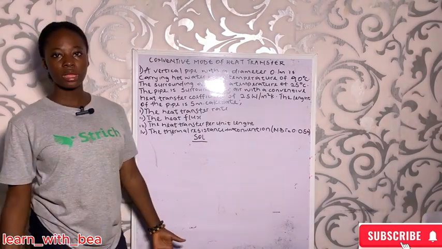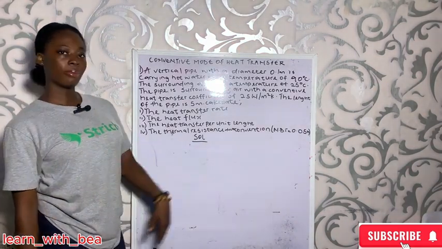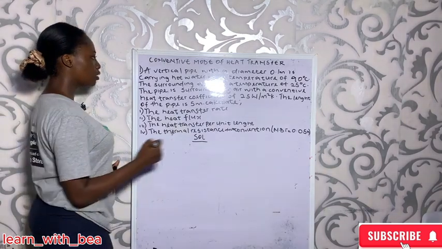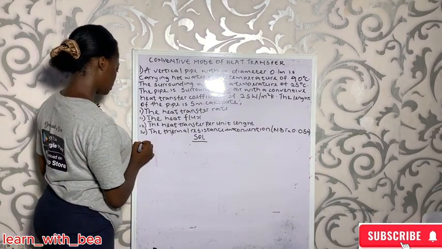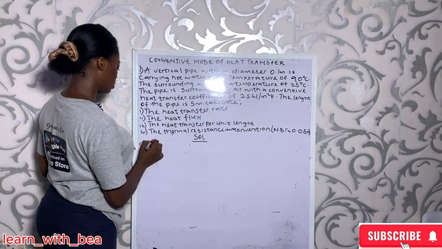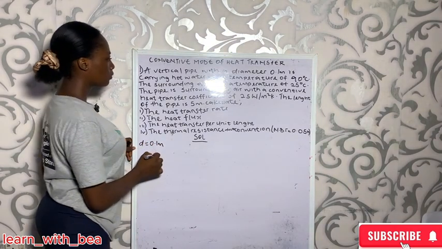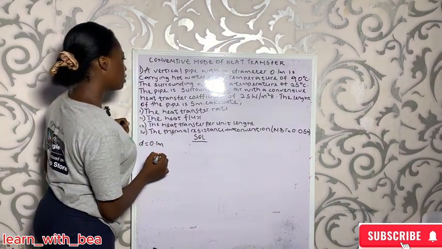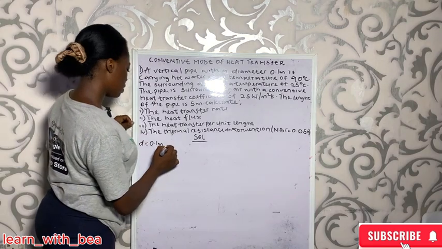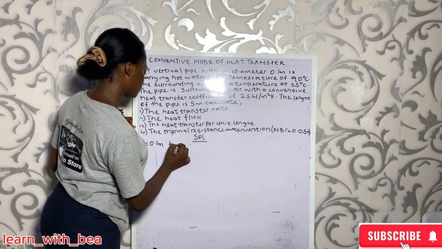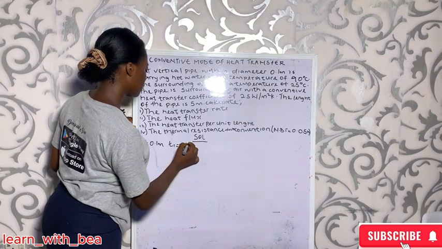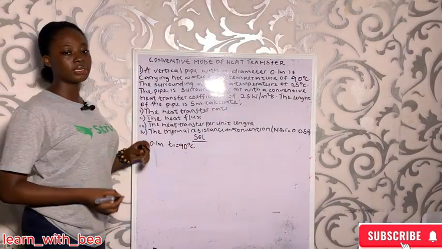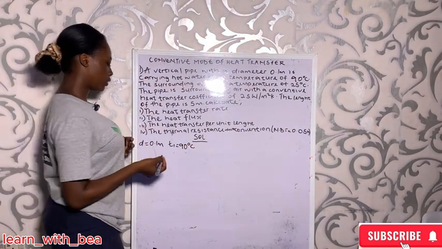So as always, let's write out our parameters. The diameter is 0.1 meter. The pipe is carrying hot water at a temperature of T1, 90 degrees C. We don't need to change it to Kelvin since it can either be in degrees C or Kelvin.